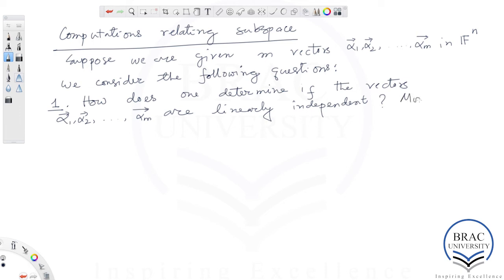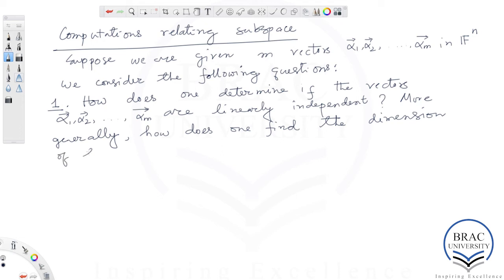More generally, how does one find the dimension of the subspace W spanned by these vectors?